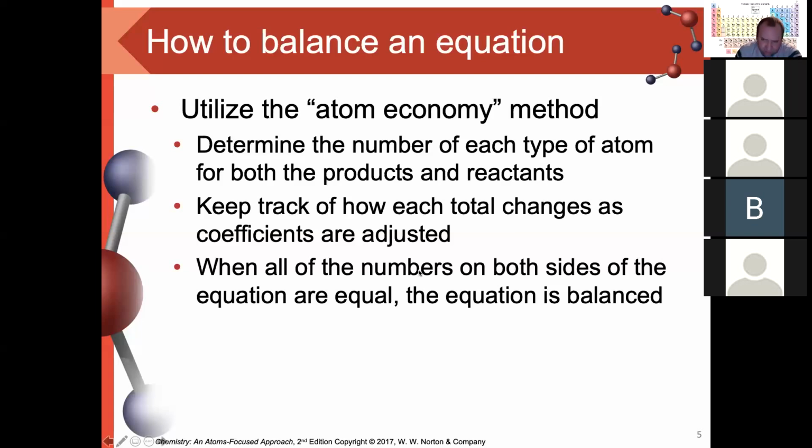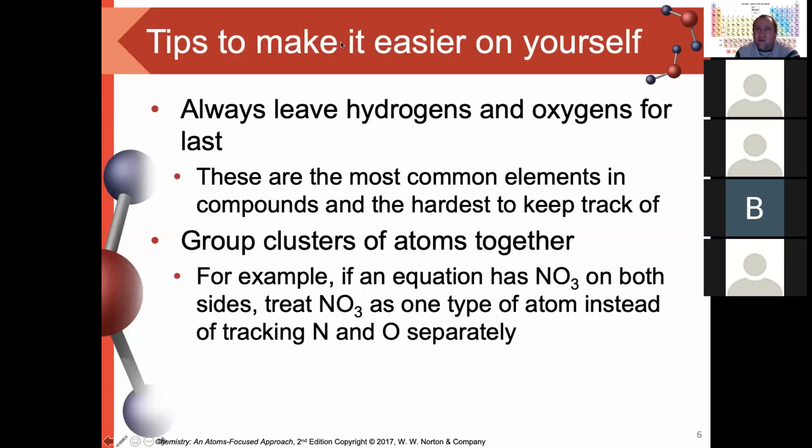So inside of the atom economy method, there are some things that you can do that'll make it easier for you to follow this along. And it's rather simple, actually. First of all, hydrogen and oxygen in this type of chemistry tend to be very common elements.